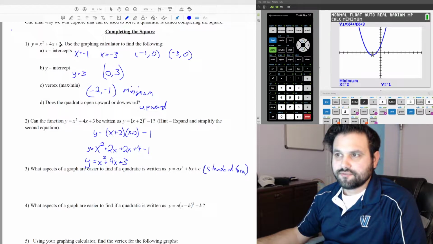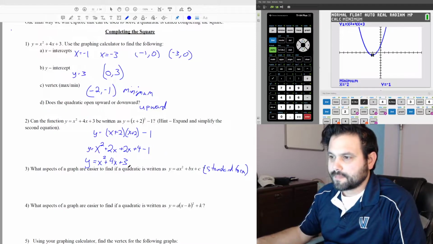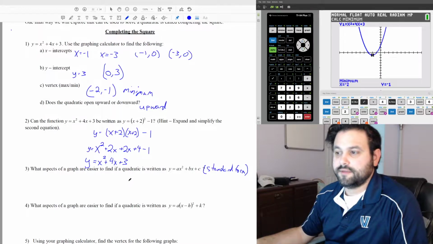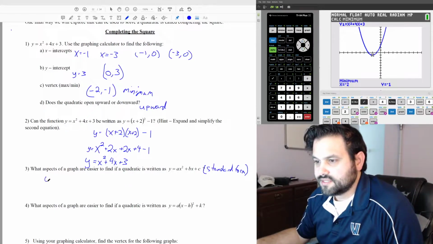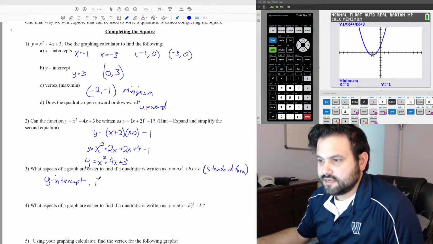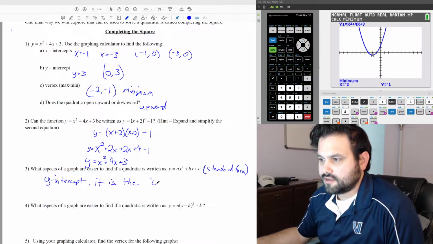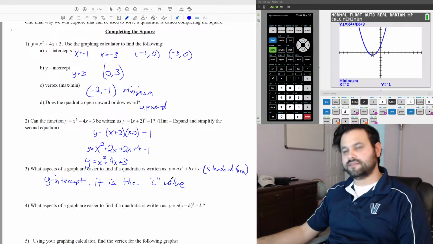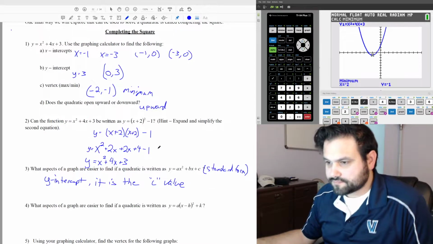Because right here, this 3 is showing us it's the y-intercept, right? So we can see the y-intercept because it is the c value, right? Or the constant term, that term with no variable.